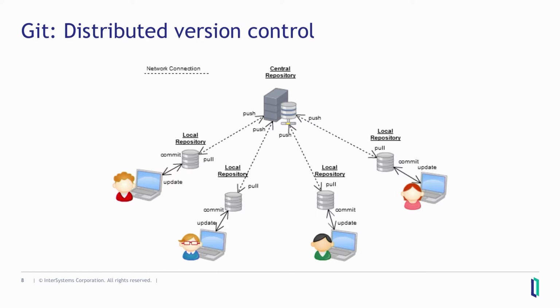It also adds an additional step when we are working with repositories. Usually when we are using central source control, we are just doing commit and update. So you put something into your source control repository, and then you pull something from it. With Git, there is an additional step of pushing to the remote repository and pulling from the remote repository.